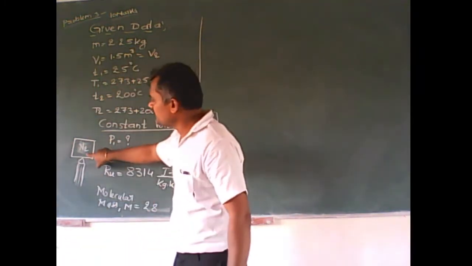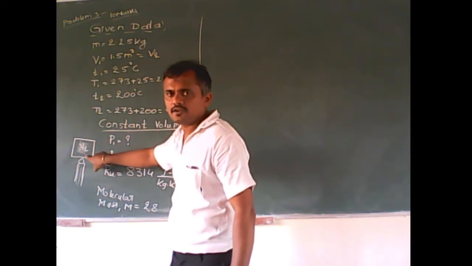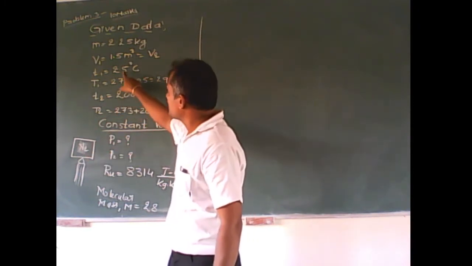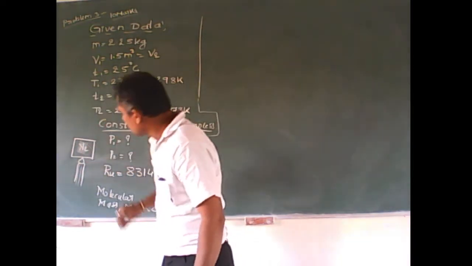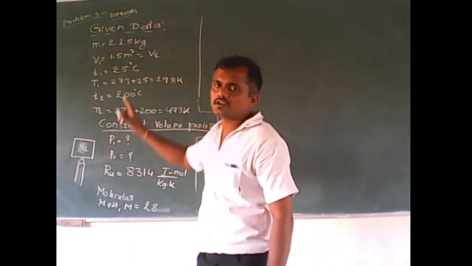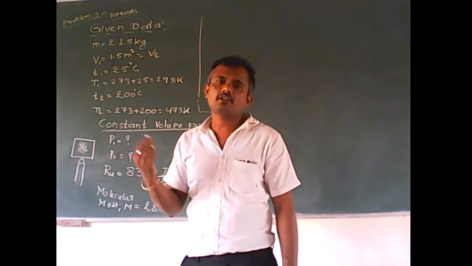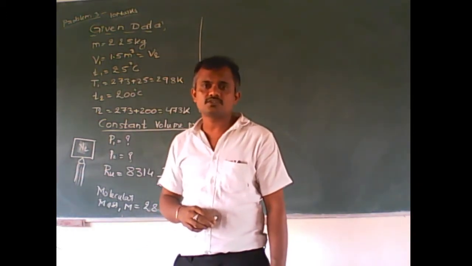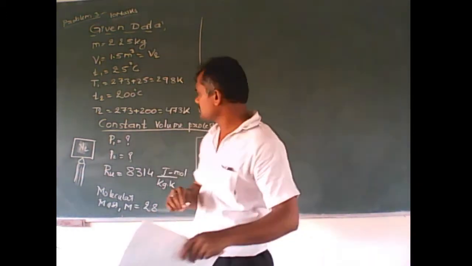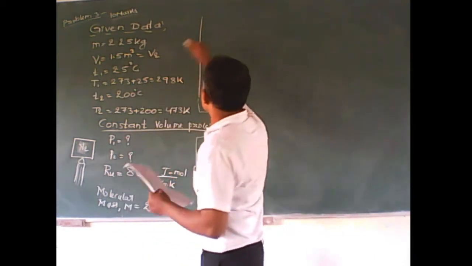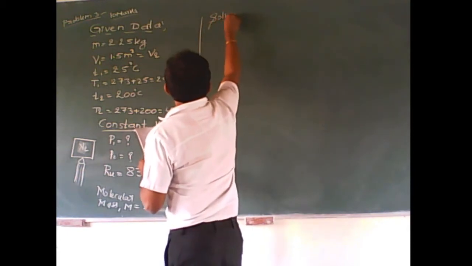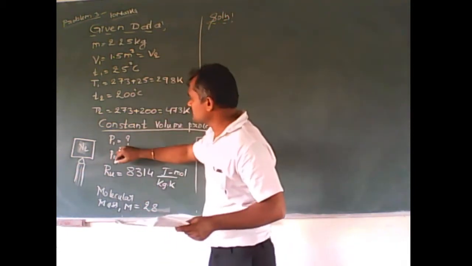When we heat that gas, initially before heating the temperature is 25 degrees Celsius, and after heating it is increased to 200 degrees Celsius, I mean 175 degrees Celsius is the increase in temperature. He has asked us to calculate P1 and P2. In the solution part, we have to concentrate.